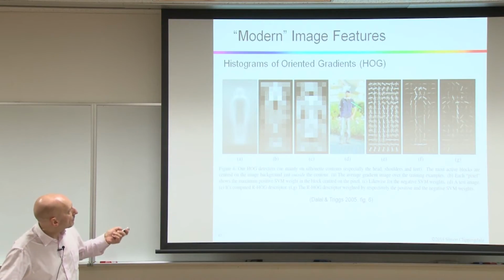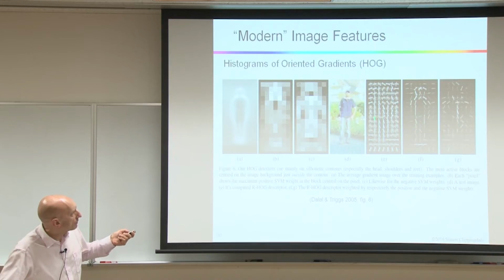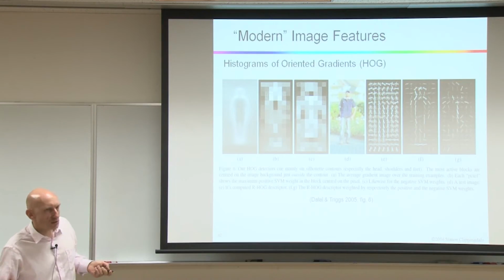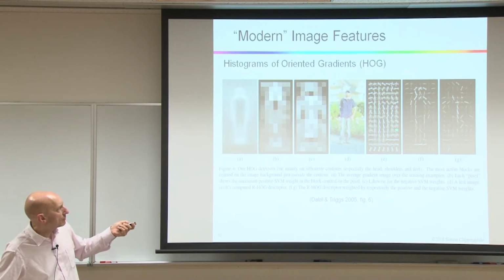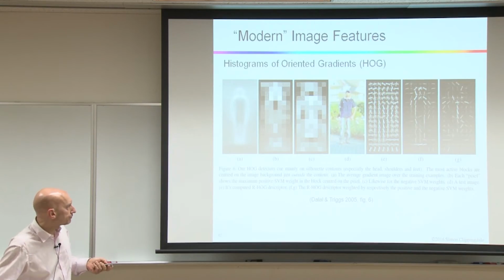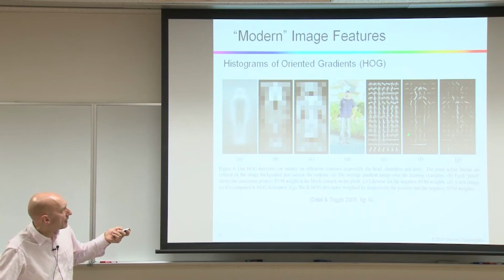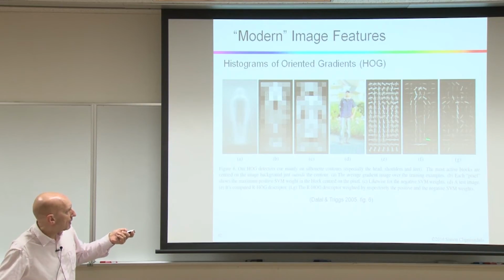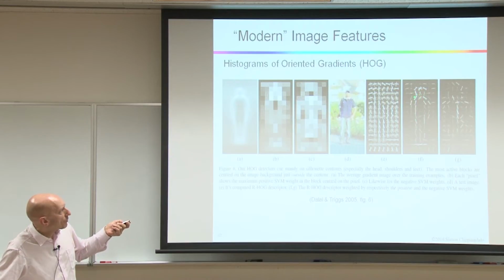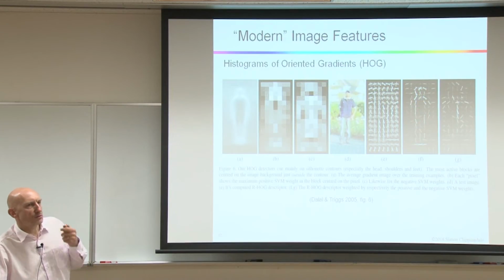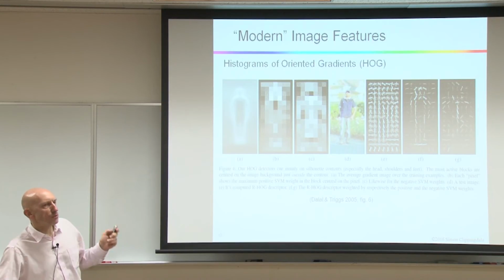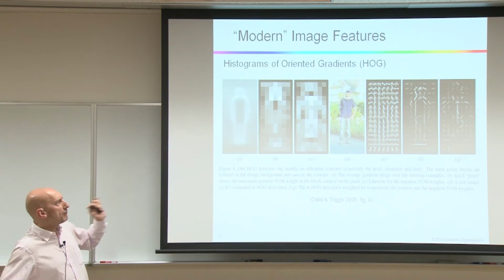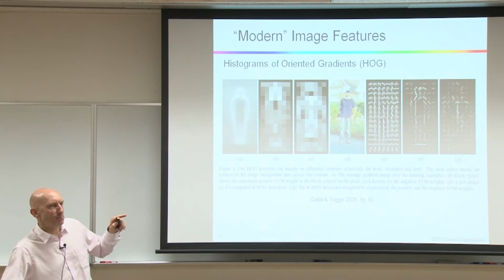And these are several orientations of filter computed at each of these cell locations. And then this one here shows orientations that seem to contribute. If these are very active, that's evidence for the fact that there might be a person there.